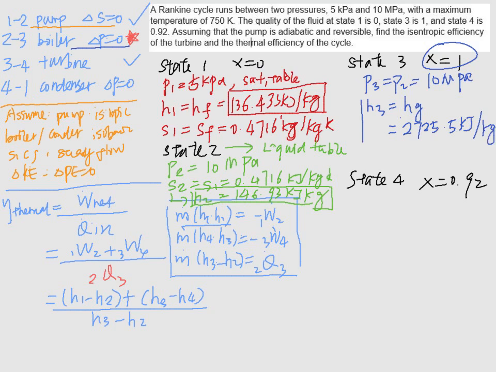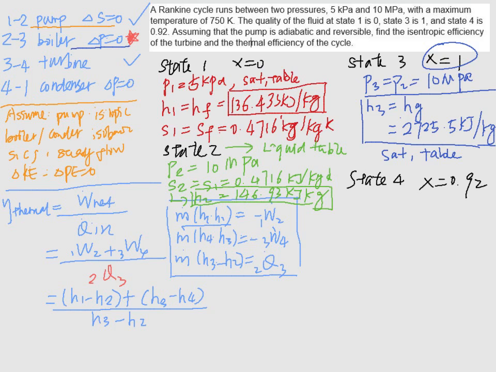So we found the third one, guys. By the way, this is also from the saturation table. Whenever you are on the state points, x equals 1 and x equals 0, that's when you look at the saturation table, because that's still on the vapor dome.